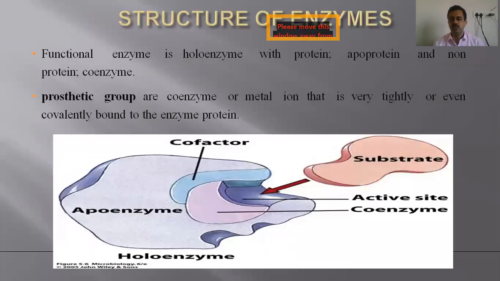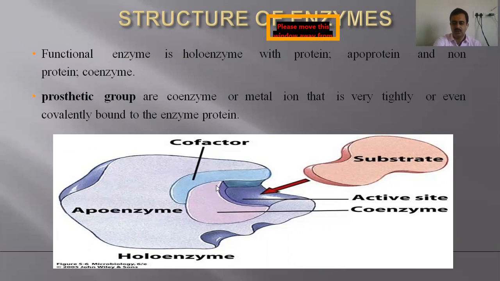Now, structurally, the functional enzyme is a holoenzyme with protein, apoprotein, and coenzyme. If you see here, if you see my cursor, then this is the apoenzyme. This is the cofactor of that particular enzyme, and this is the active site at which the substrate could bind.